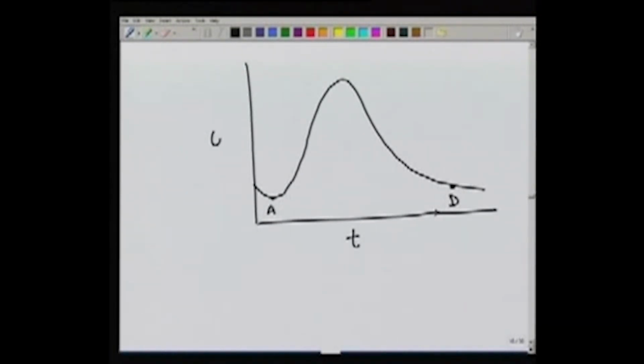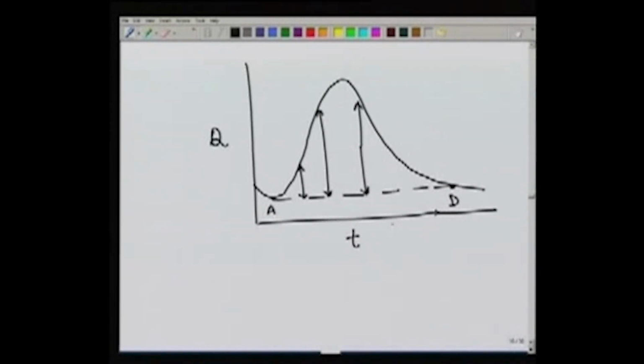So if this is the hydrograph, we say that the base flow is given by this line joining A and D, and whatever area is above this line gives the direct runoff ordinate at that time.